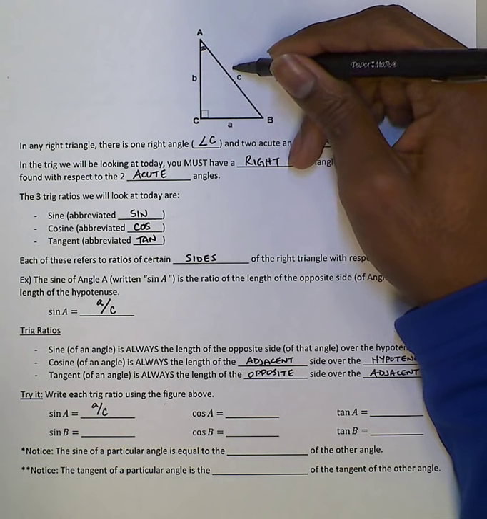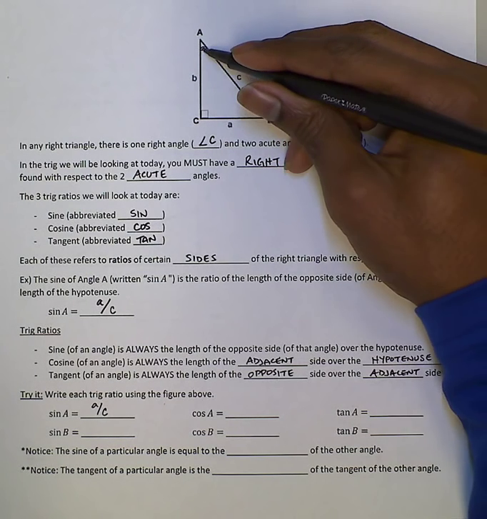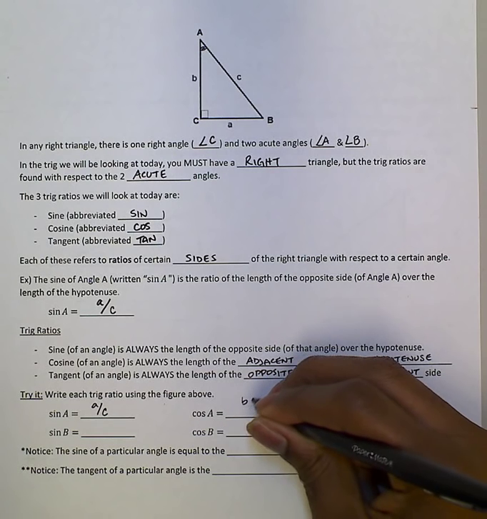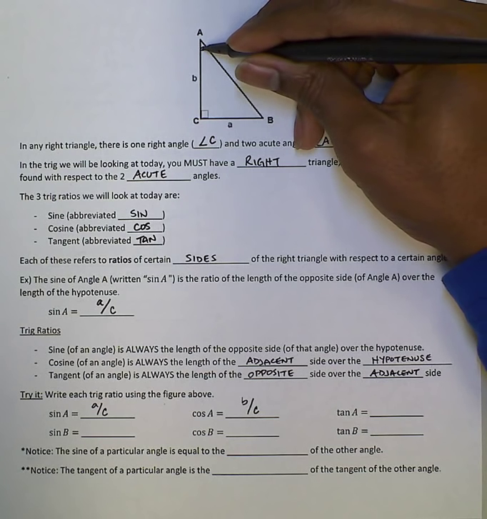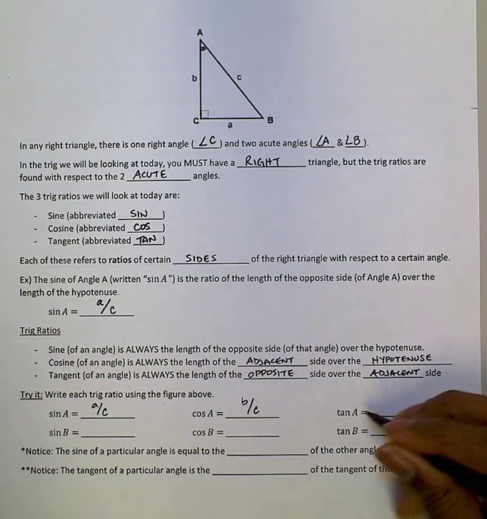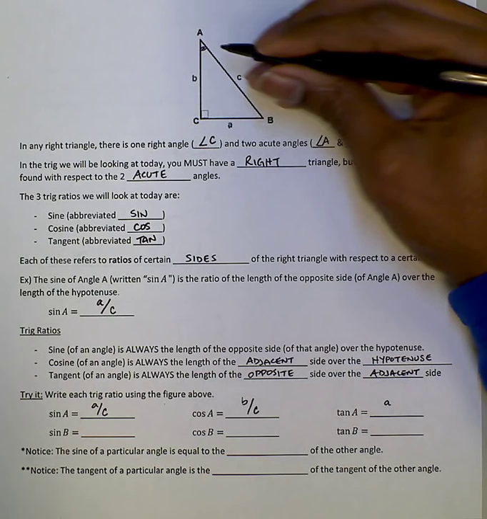The hypotenuse is always the hypotenuse. So adjacent is B over the hypotenuse C. And then tangent A is opposite A over adjacent B.